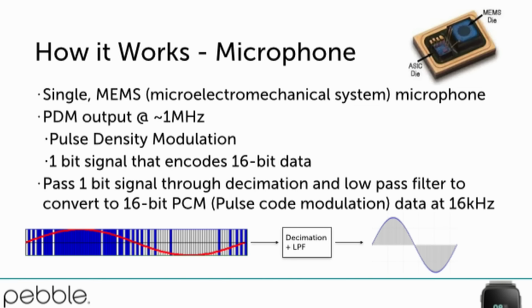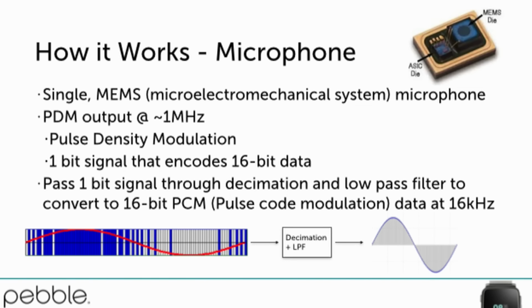The signal that we see looks like that bottom signal. The blue bits are ones, the white bits are zeros, and that represents a sine wave, as you can see, superimposed on top of that. It's very noisy data, but we oversample it so that we can low-pass filter and combine samples to give us a much better signal afterwards.